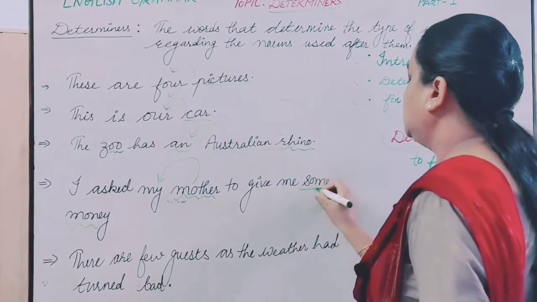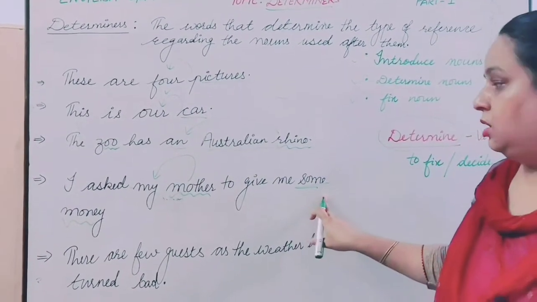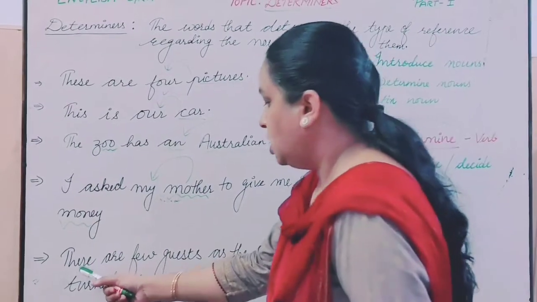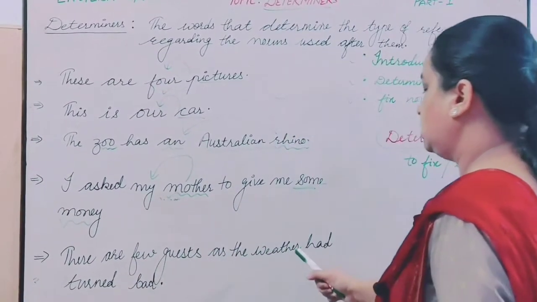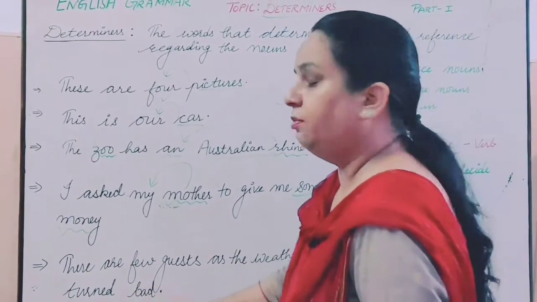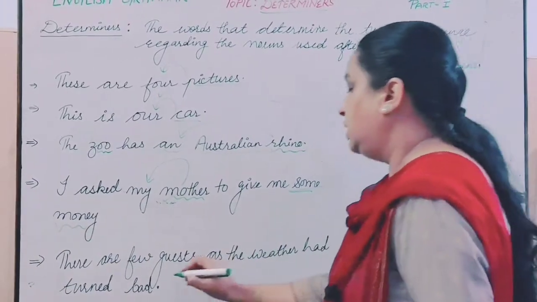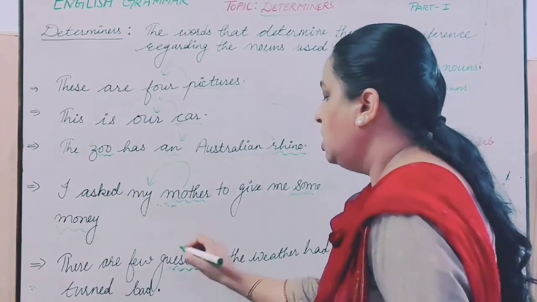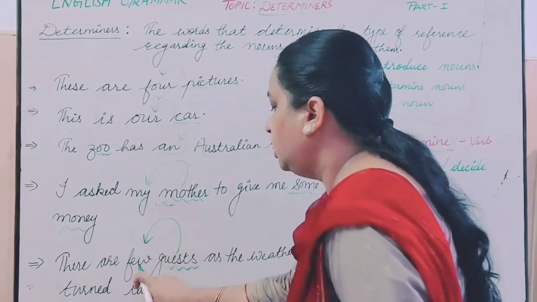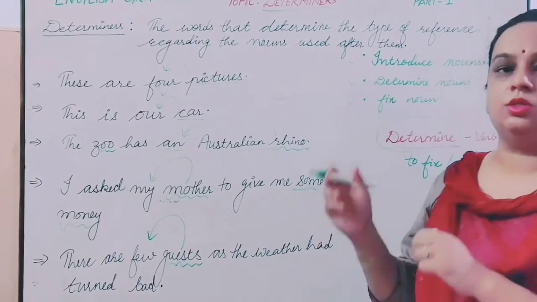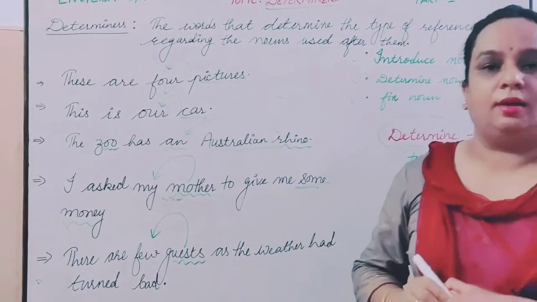So some is a determiner here. Next is: there are few guests as the weather had turned bad. Now guests is the noun here and before that the word written is few. So this is all about the determiners.